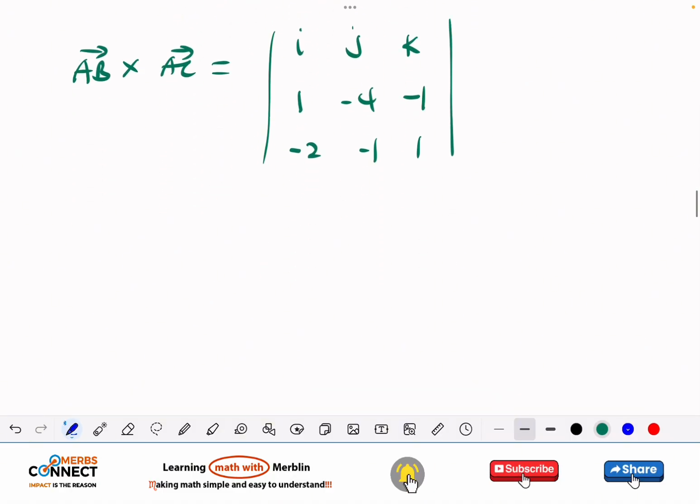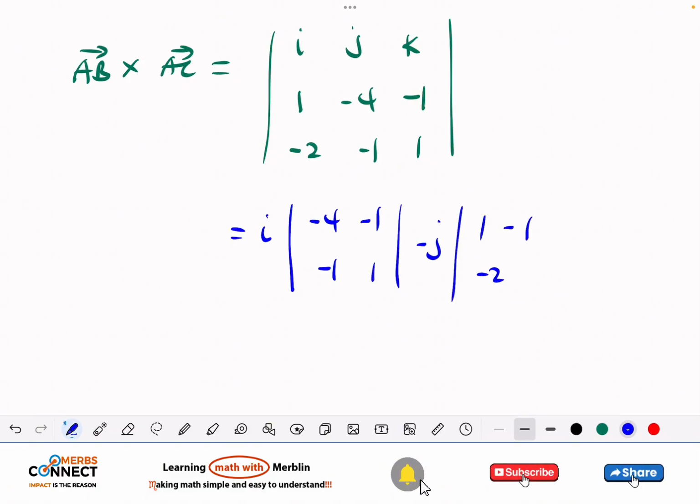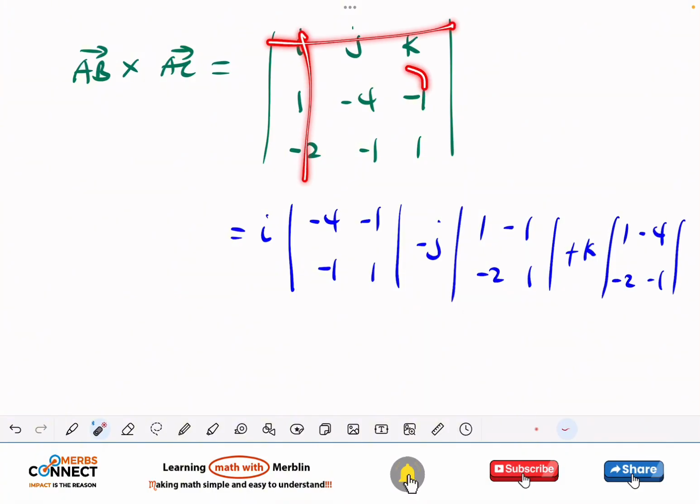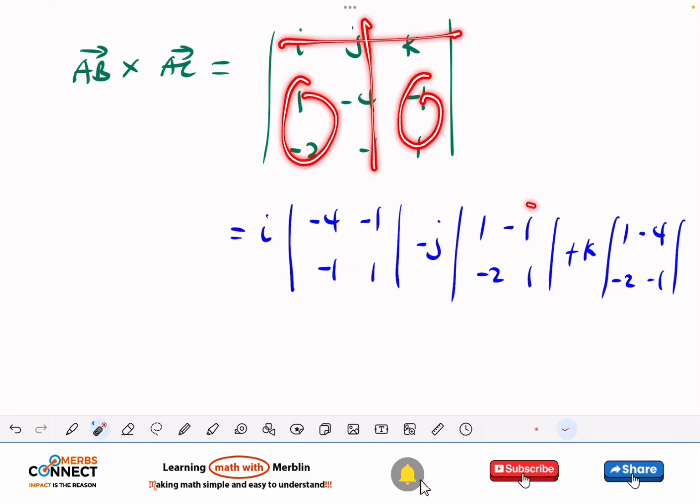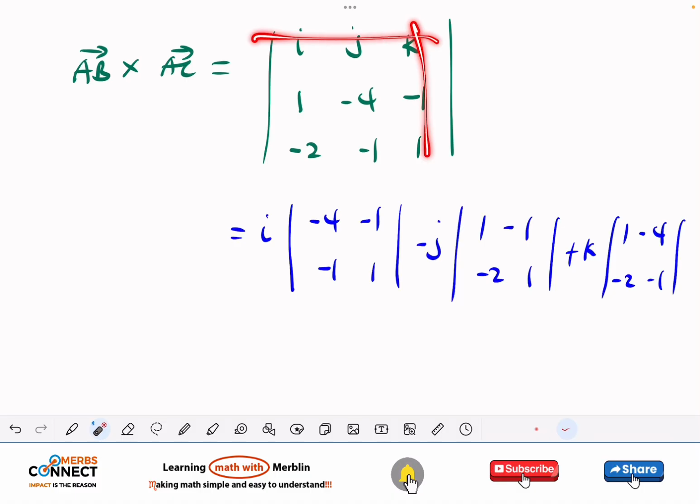So let's now work it out: i times minus 4 times 1 minus minus 1 times minus 1, minus j times 1 times 1 minus minus 1 times minus 2, plus k times 1 times minus 1 minus minus 4 times minus 2. You can confirm that these are what is here.